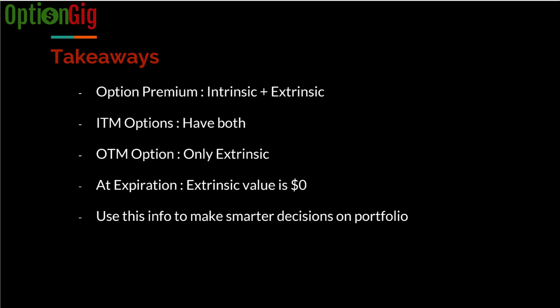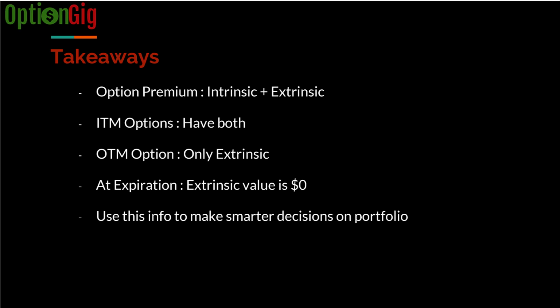And lastly, we also looked at how you can use this information to make smarter trades and smarter decisions on your overall portfolio. We looked at 3 cases. One is how to determine if you are at risk of assignment on your short call. We also looked at how to use this information to see if we want to stay longer in the trade or close the trade and move on.